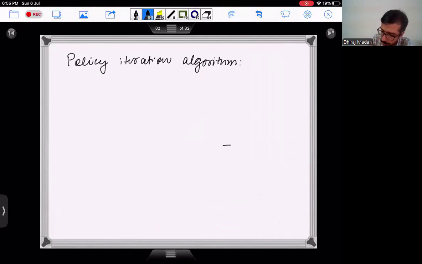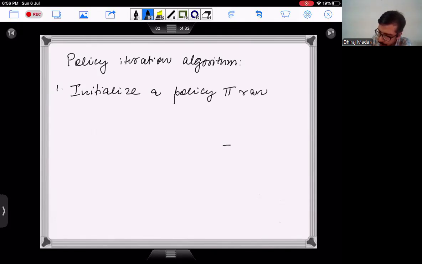The way it works is as follows. Firstly, we initialize a policy pi randomly.